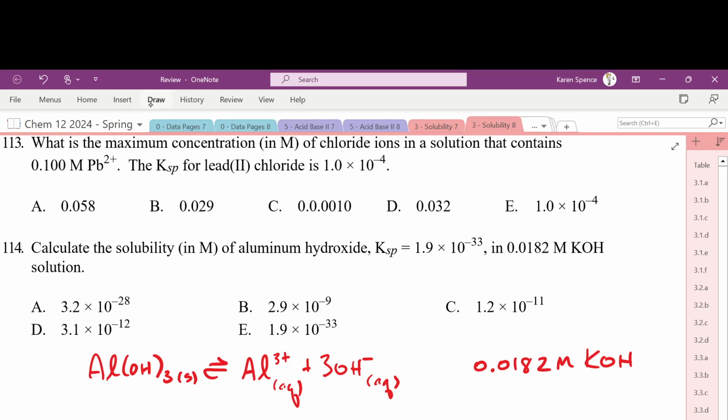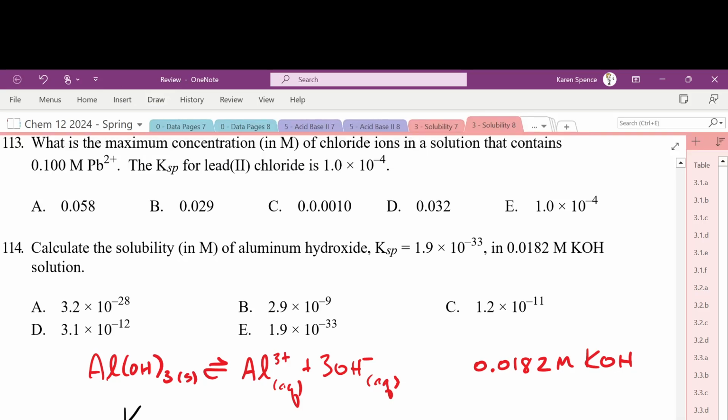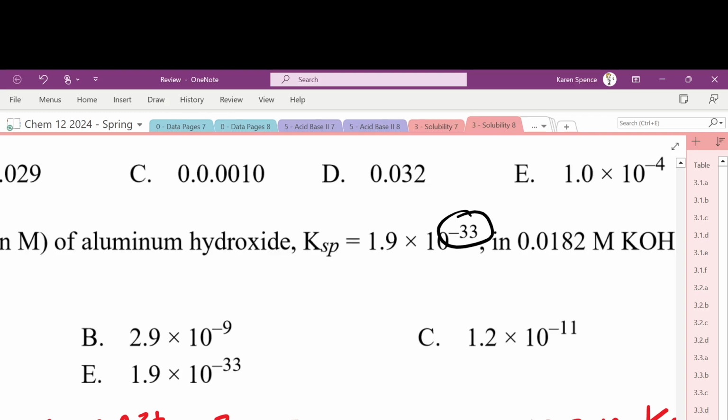So we can write a Ksp expression for this. And this is a very low solubility compound. You can see that the Ksp is times 10 to the negative 33. What does that mean about the ion concentrations coming from aluminum hydroxide?